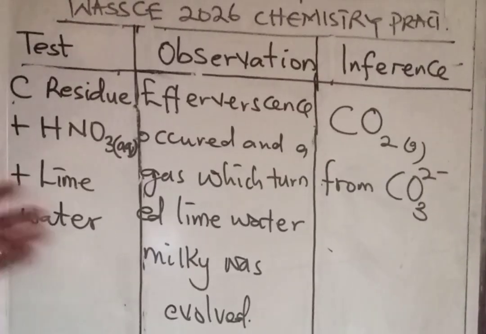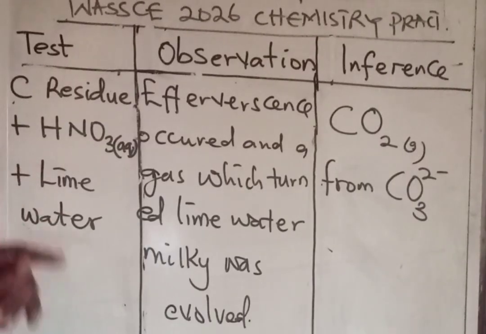Next is a test for the only anion in solution, which is the trioxocarbonate(IV) ion. To the residue obtained after the filtration process, you'll be asked to add dilute trioxonitrate(V) acid or any other dilute acid, and then pass the resulting gas through lime water.